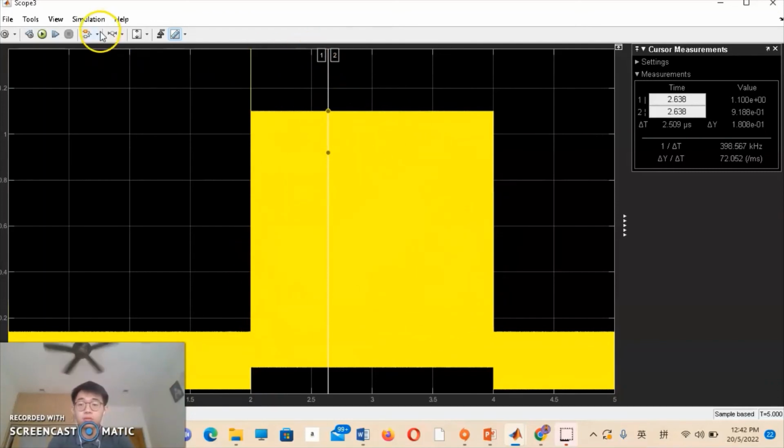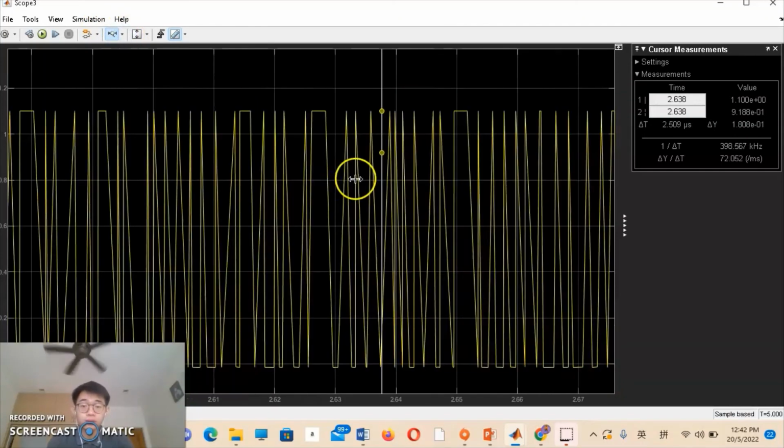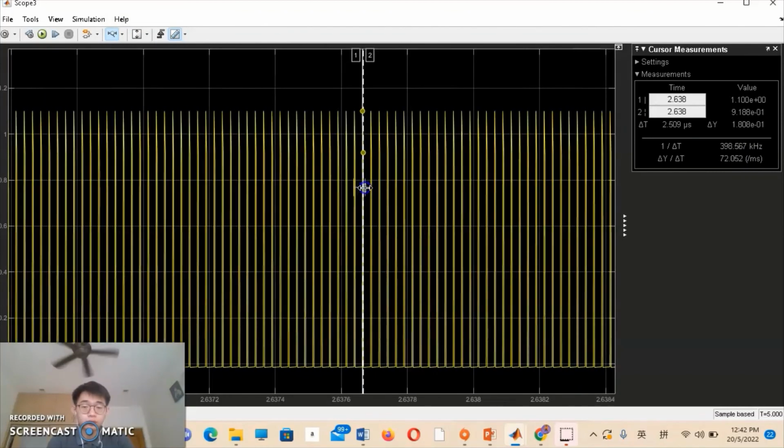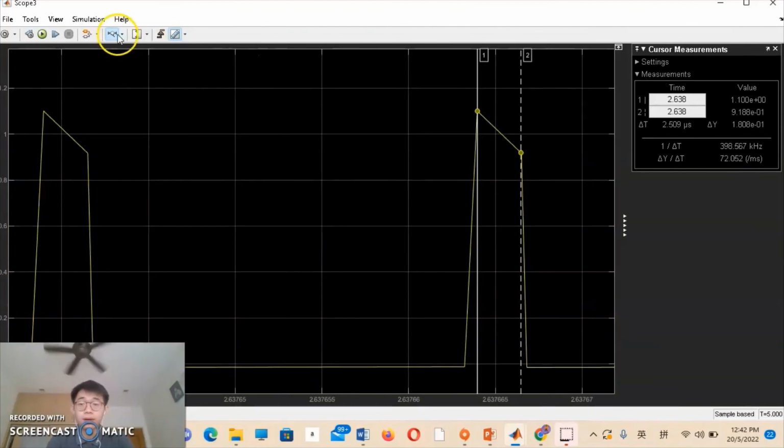Okay, so let me zoom in on the waveform here. The diode current is something like this, and the inductor current will be equivalent to the diode current.